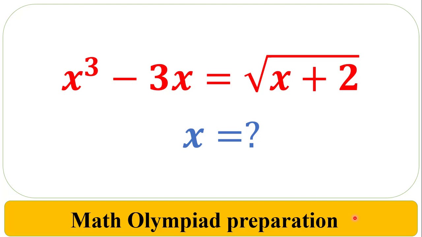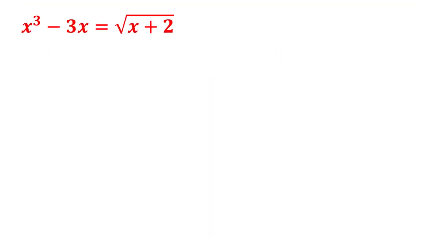In this video, we are given x cubed minus 3 times x equals square root of x plus 2, and we're going to find the value of x. The domain of this expression is any x value for which the expression under the radical sign is not negative.